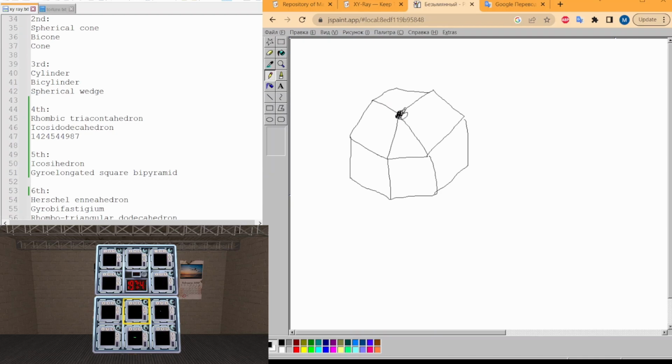So if you see a section like this at the very beginning, you can count the number of sides. It will be equal to the number of lines that the vertex is connected to.